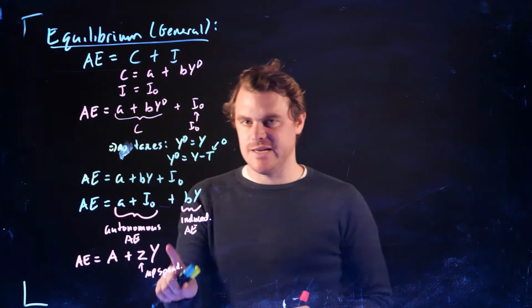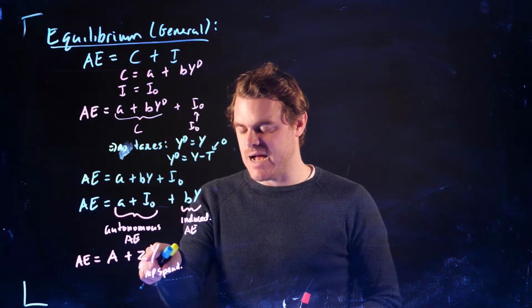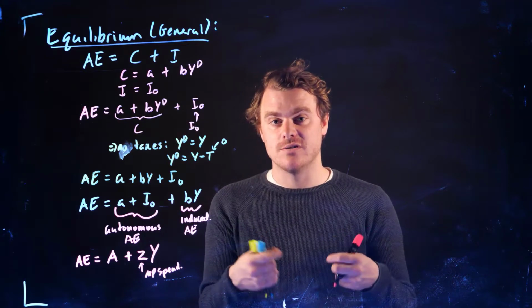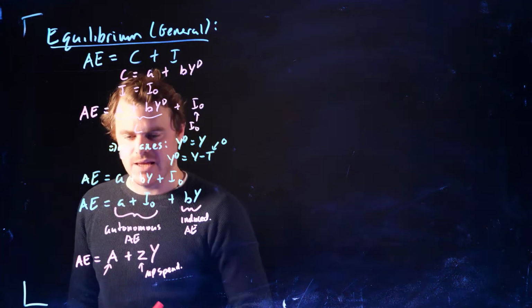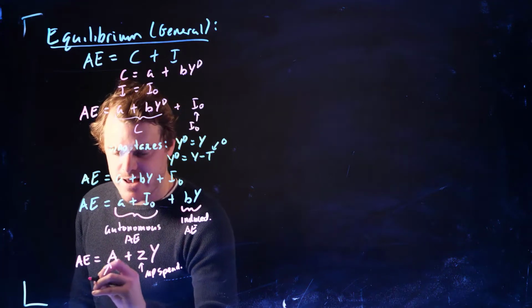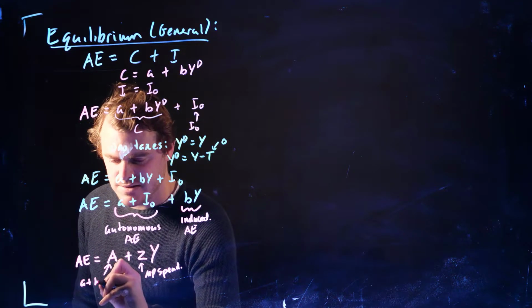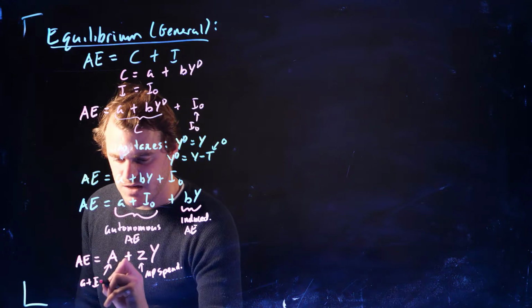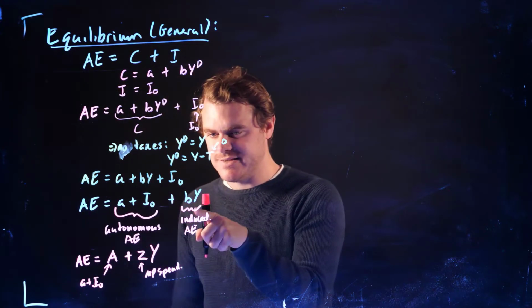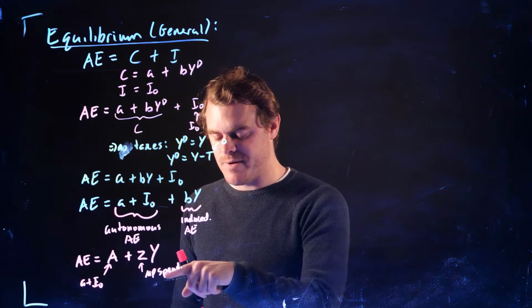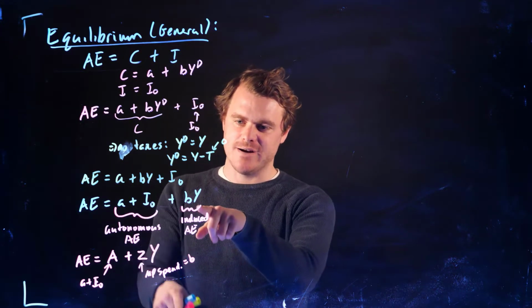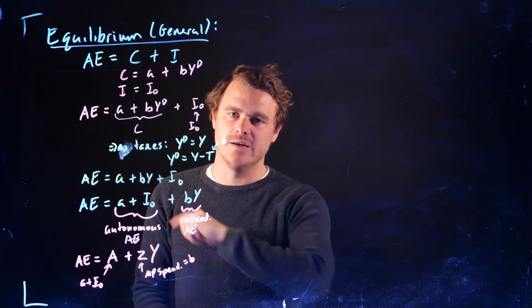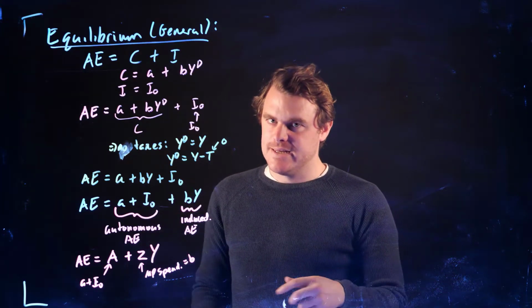So if our national income went up by $1, this is how much of that dollar we'd increase our desired aggregate expenditure by. And this is the autonomous AE, right? In this case, it just equals a plus I0. In this really simple case, this marginal propensity to spend is going to be equal to b.